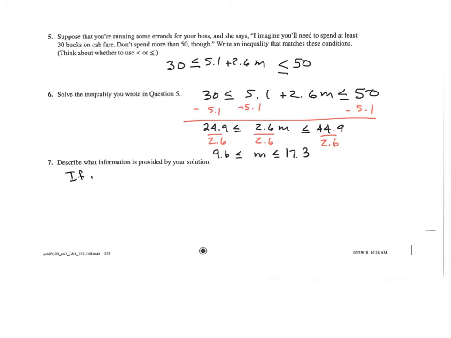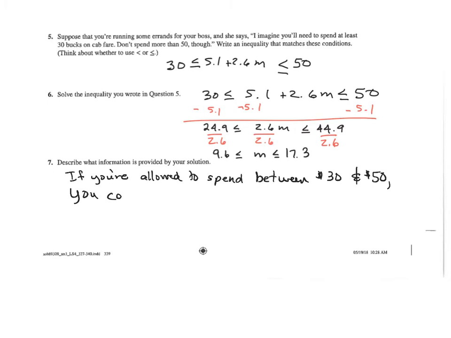We could say if you're allowed to spend between $30 and $50, you can ride between 9 and 6/10 and 17 and 3/10 miles.